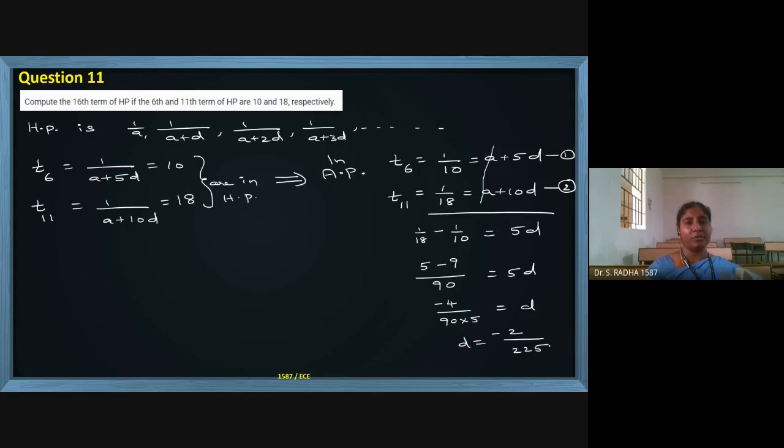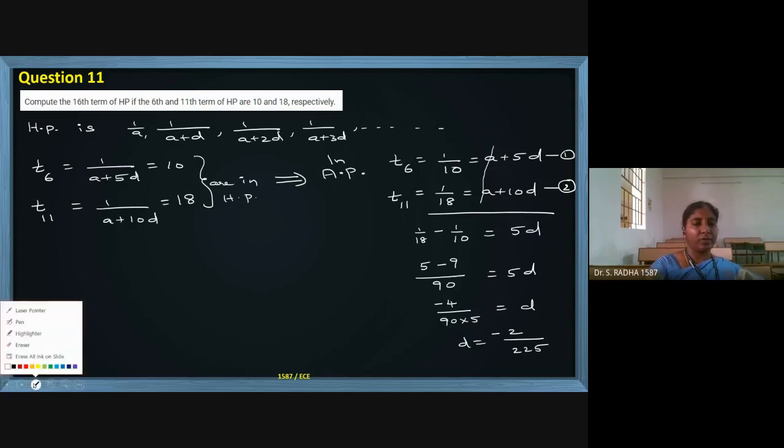This is the d value. It is 100% sure a and d have no condition that they should not be negative. a and d can be negative, there is no problem.